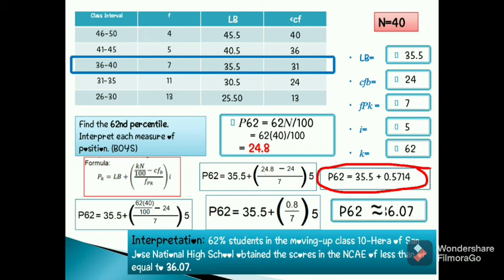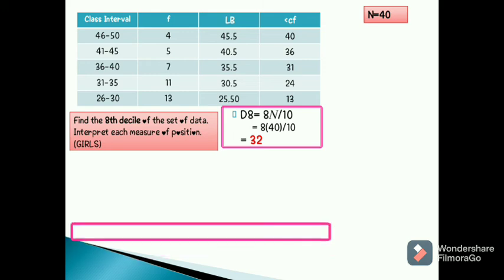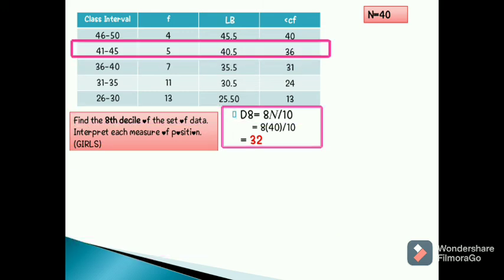And then for the girls, same table because you have the same data. So for girls, we find the 8th decile. For the position of 8 or the class where the 8th decile belongs, we got 32, and 32 belongs to the fourth class.